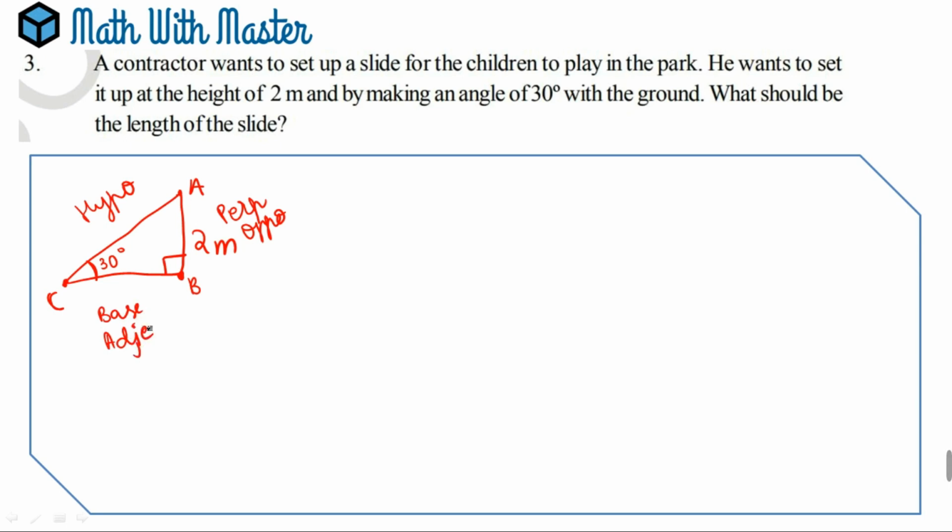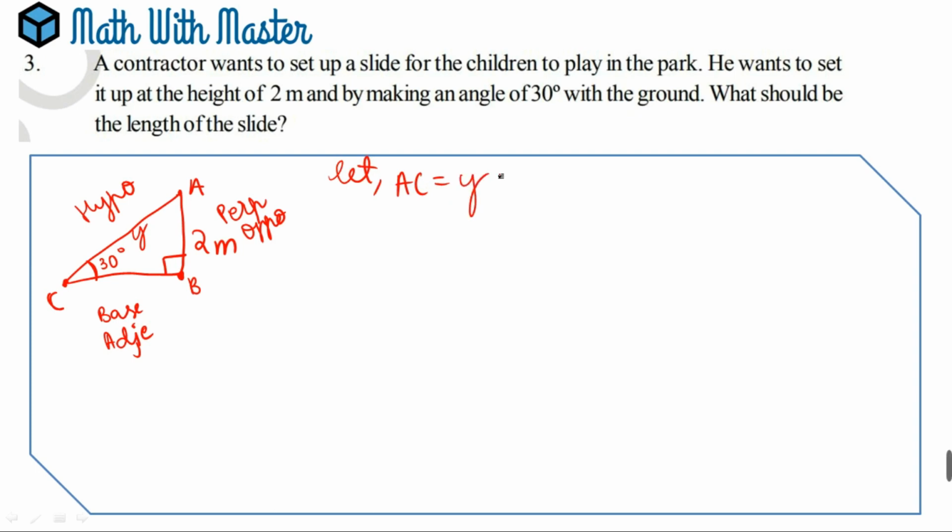Now to do this, what we need is AC. So now we will let AC as L, or let's say Y. Okay, this is Y. Let AC be equal to Y.